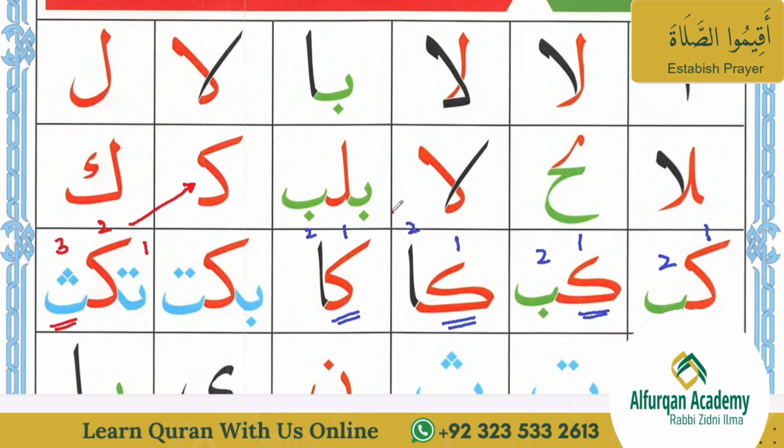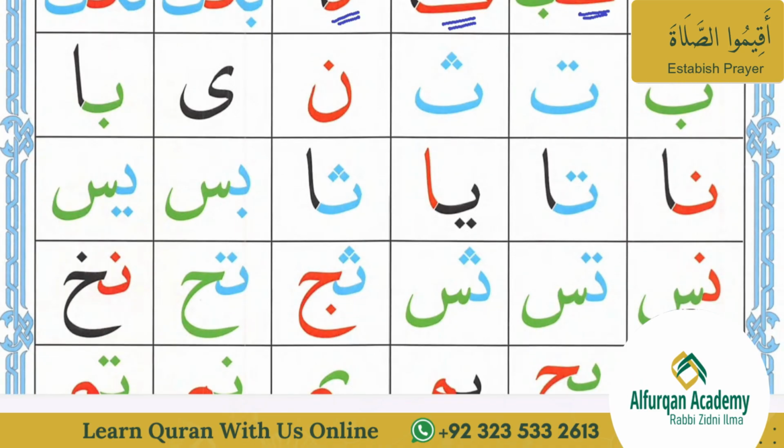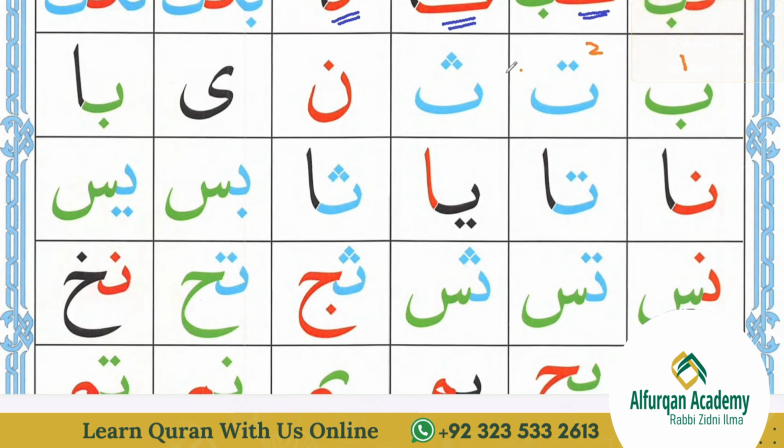Now let's move to the next one. We have here some individual letters, and we already covered them in the first lesson. We have letter Ba, and then we have letter Ta, two dots on the top, letter Tha, and then we have letter Nun, and here we have letter Ya.